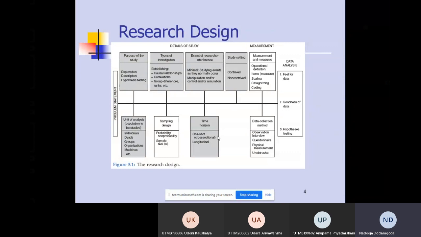I want your ideas about the two. Which one do you like most? This one, research design. You think this is better than the onion?